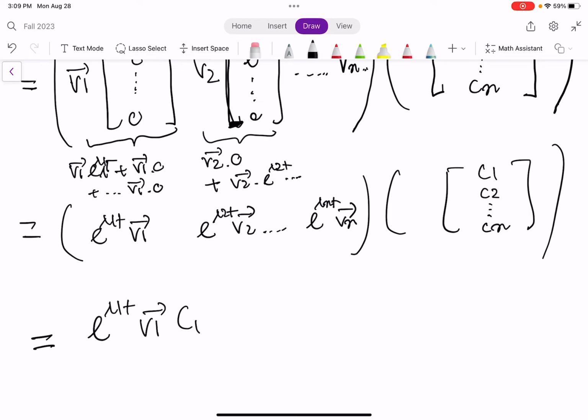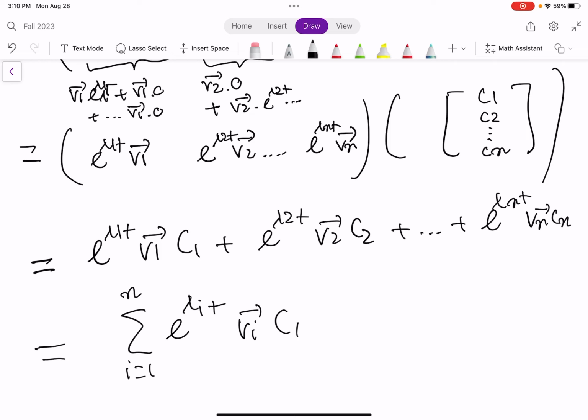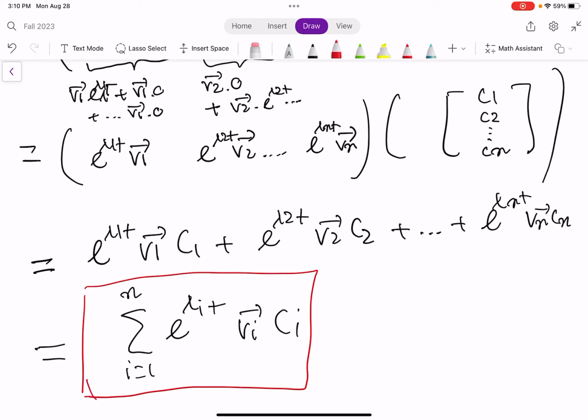Or in other words, this is the summation from i equals 1 to n of e to the lambda i t vi ci, where vi is just the corresponding eigenvectors, and lambda i is just the corresponding eigenvalues.